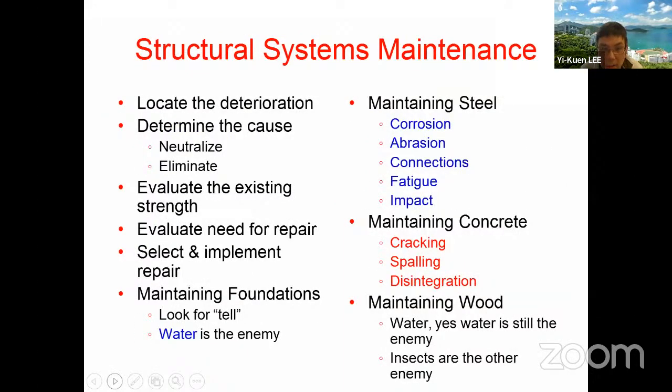Of course, after we build the building, the building is still like a human. Humans need a body check to see if there is any problem, right? So for all machines, including buildings, we have to think about regular maintenance.